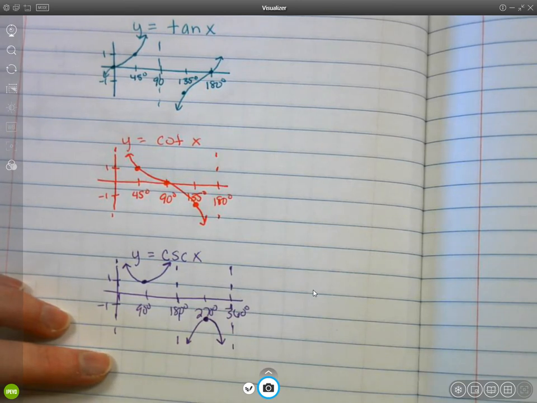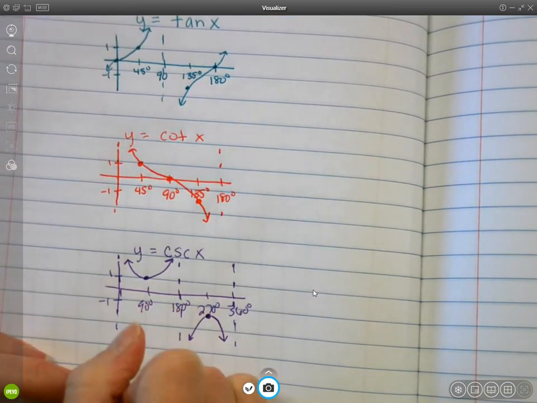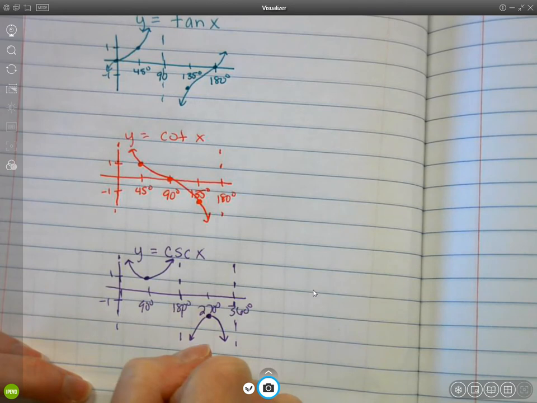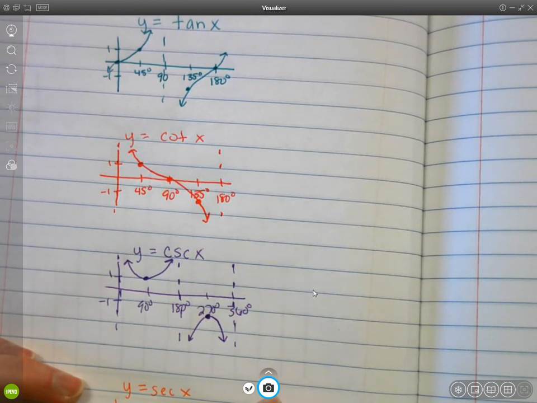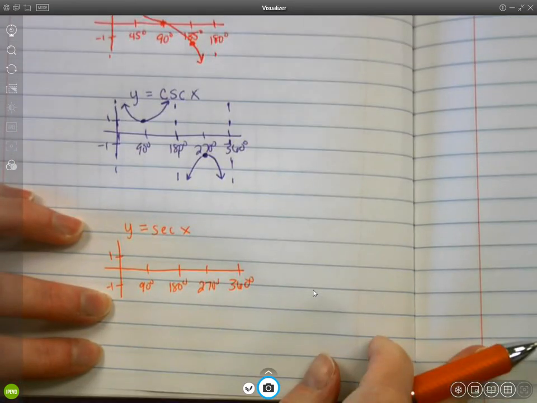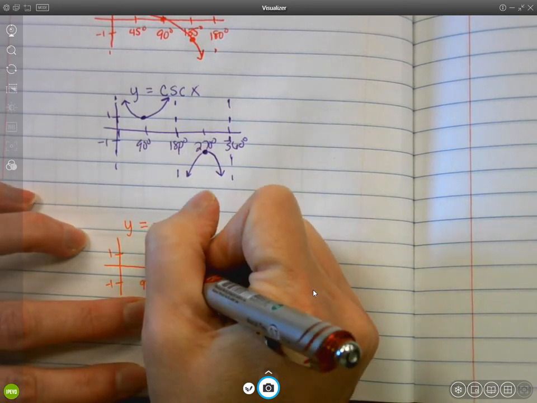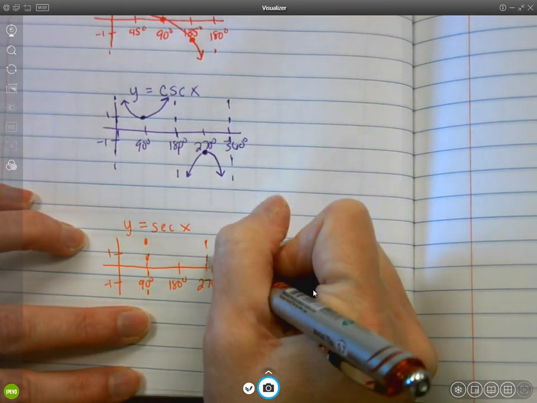Alright, so then your secant is going to be pretty similar to that. So set everybody up the same way. This one has asymptotes at 90 and 270.